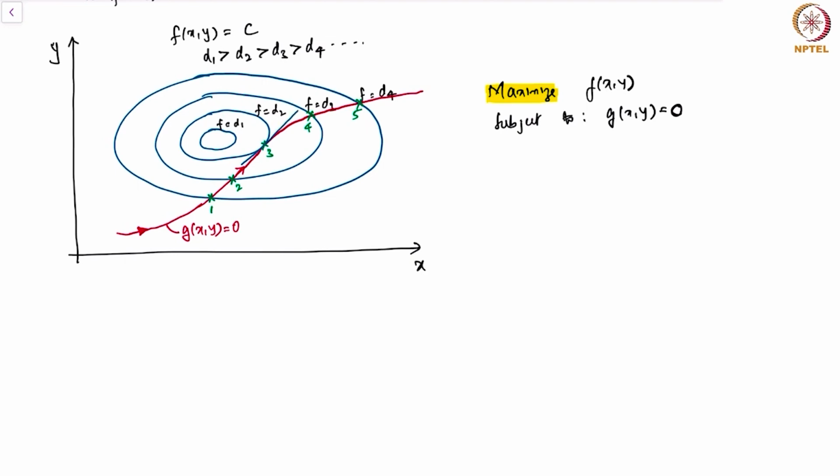Now what does a tangent mean? Let's say that the gradient of f is shown here. That's the gradient of f. It's a vector, and let's say the gradient of g is this. If both the curves have a common tangent, then the gradients have a relationship with each other.